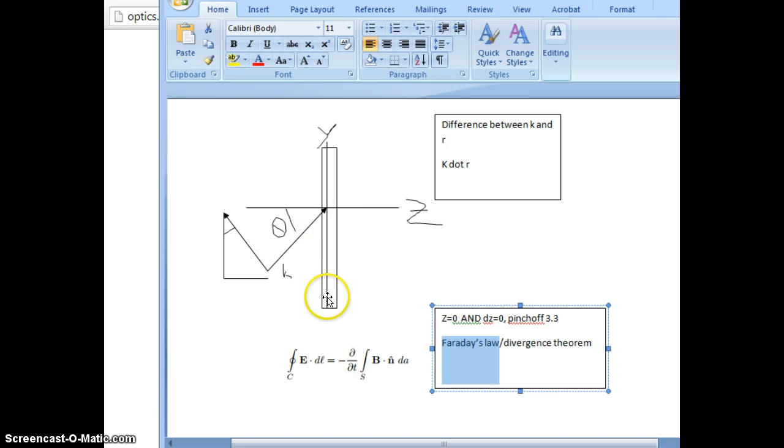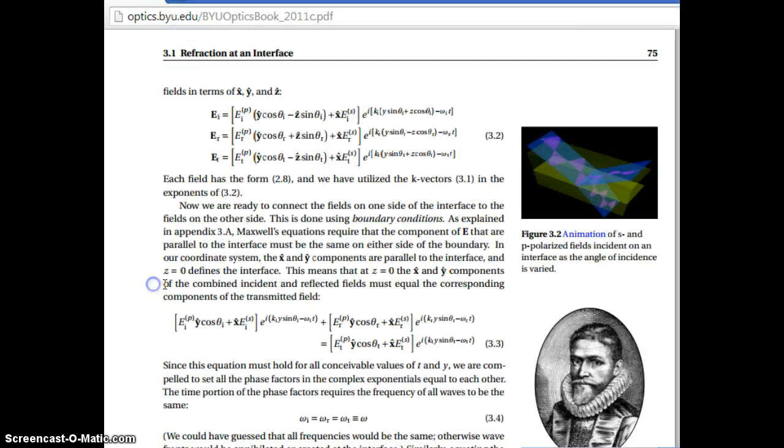But anyway, by pinching it off, because by adding electric field we have to add some z and some y, and that's exactly what we're doing in this argument right there.